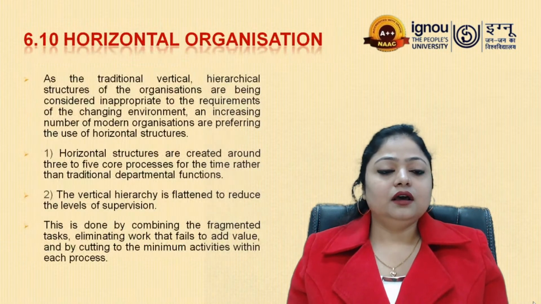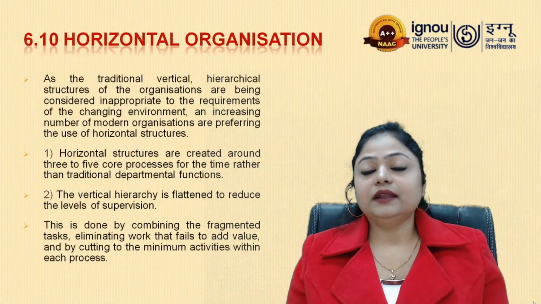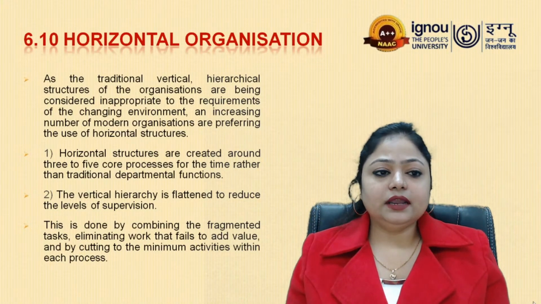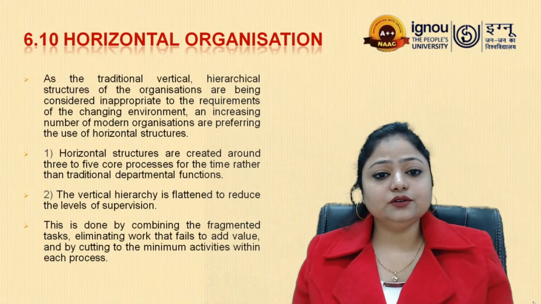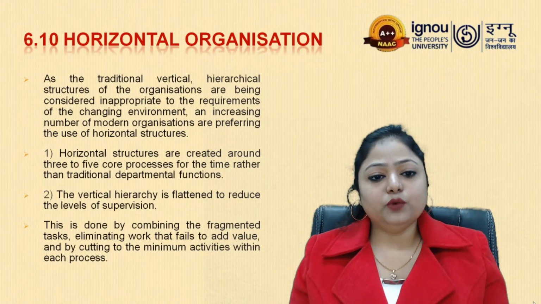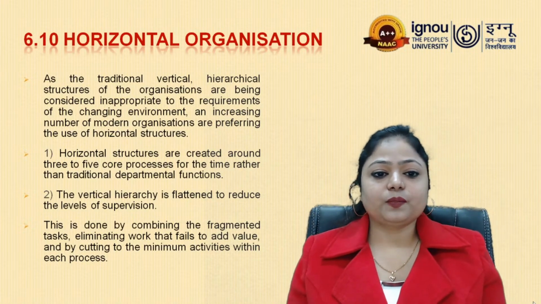Then another organizational type is the horizontal organization. Traditional vertical and hierarchical structures are being considered inappropriate to the requirements of the changing environment, and an increasing number of modern organizations are preferring horizontal structures.